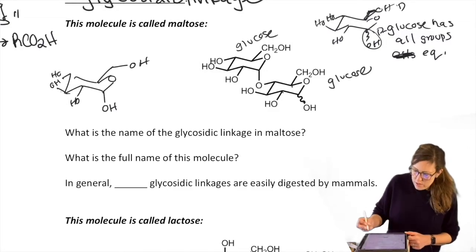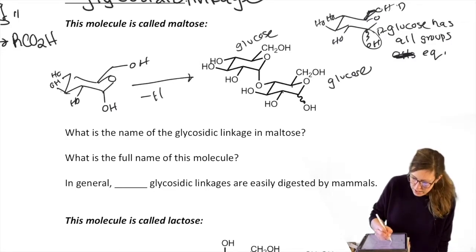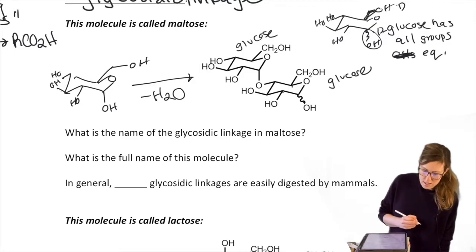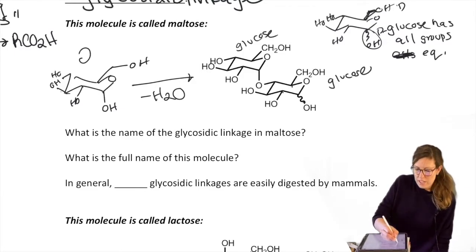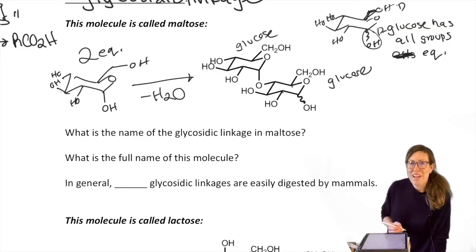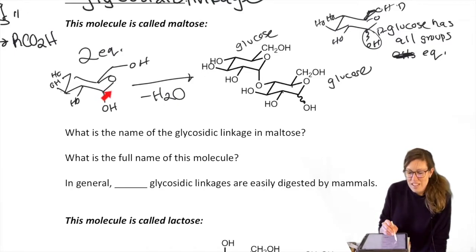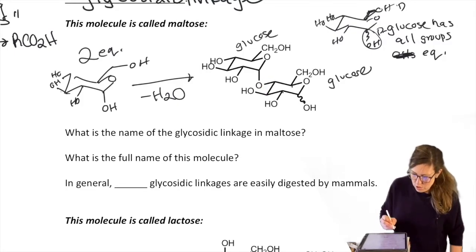So it's not always variable, but in this particular one. So in other words, if I take away water and I add two of those together, two equivalents, and of course this can be done enzymatically, but that's the idea of the chemistry that's happening there, then these would join at this carbon. And notice where it links up. It didn't link up on the other anomeric carbon. So it linked up on another one. So let's draw the other one out.